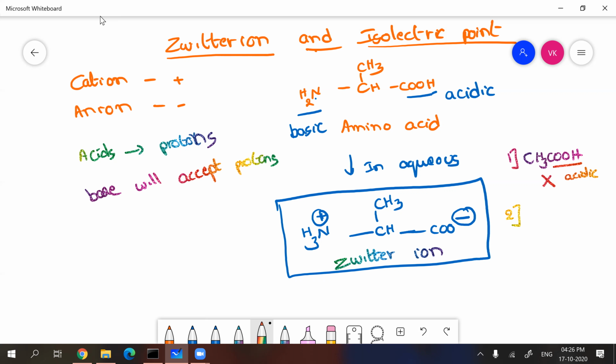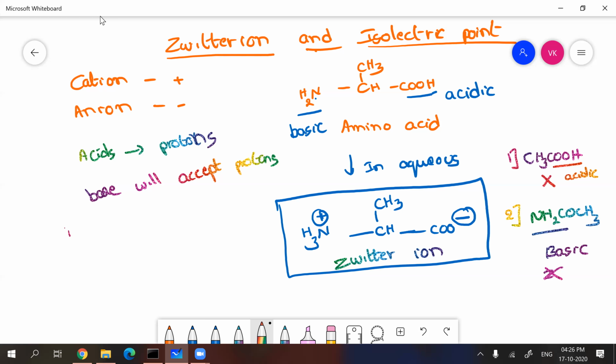If it has only either an acidic or a basic functional group, for example, if you see it has only a basic functional group, then it doesn't form a Zwitter ion.